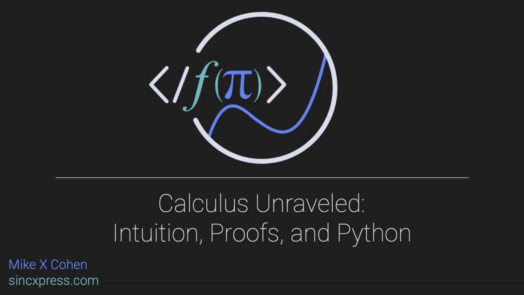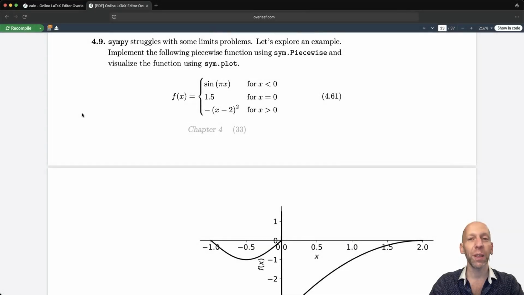SymPy is a great and powerful library for doing symbolic calculations in mathematics. We are going to use SymPy a lot throughout this book and all the exercises in the book. And it's pretty likely, if you continue working with applied math or using Python as a tool to learn math, that you will continue using SymPy. That said, SymPy is not perfect.